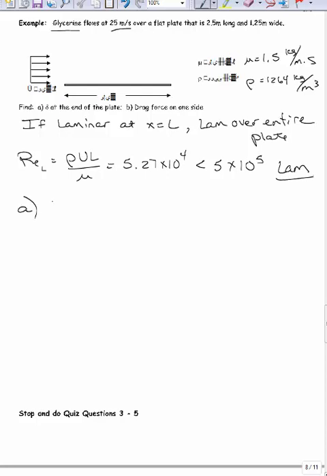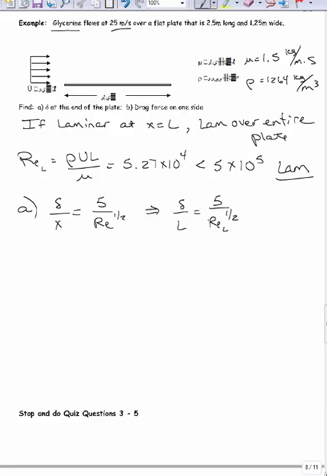So part A says find delta at the end of the plate. We can use our delta equation that we found for laminar flow. It came from Blasius's solution, and that was 5 over Reynolds number to the 1/2 equal to delta over x. So for L, delta over L equals 5 over Reynolds number L, which we already calculated, to the 1/2.